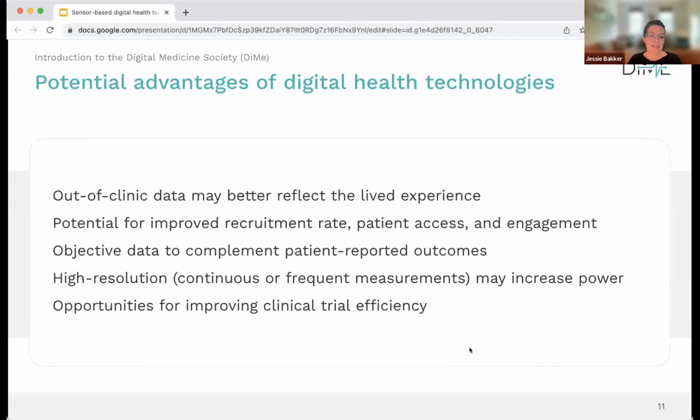Using digital data collection tools provides the opportunity for objective data, which is a nice complement to self-reported, patient-reported outcomes of things like functional status and health-related quality of life. And high-resolution data. So by that, I mean either data collected continuously throughout a participant's enrollment or data collected at very frequent intervals throughout the enrollment period.